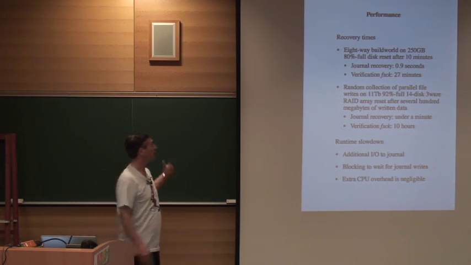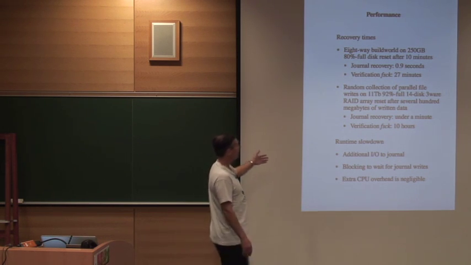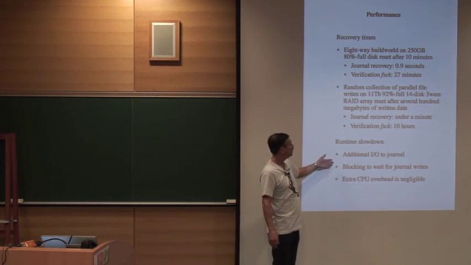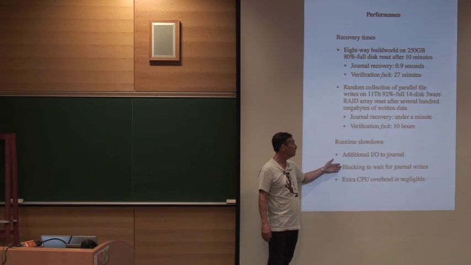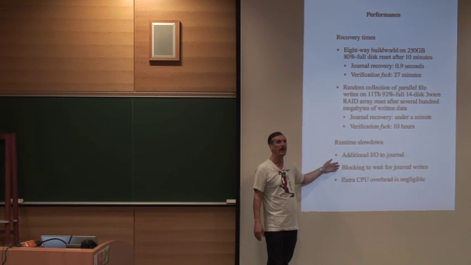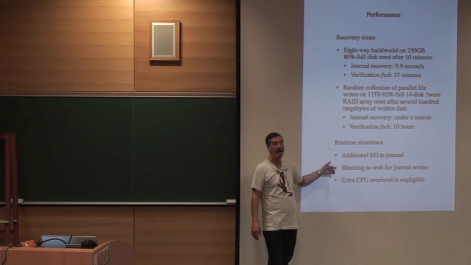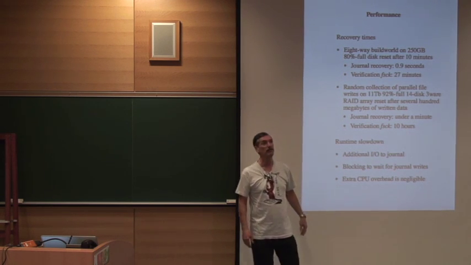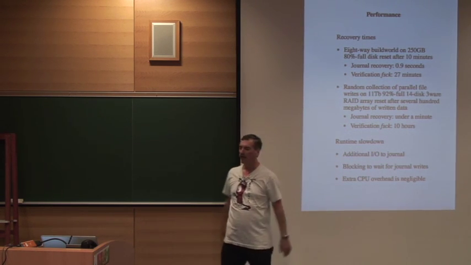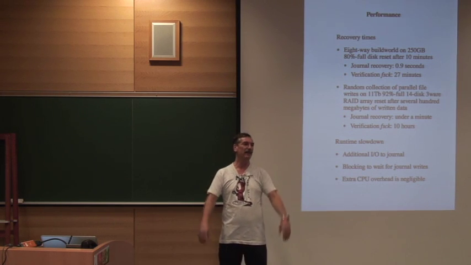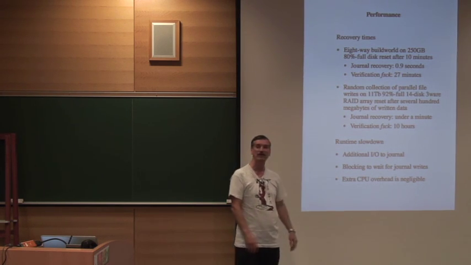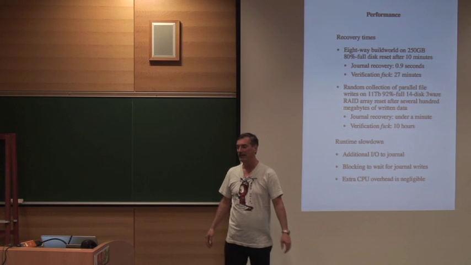The other place that is noticeable is where previously you would be able to proceed, and now you block, because we need to have a journal write before we can let you proceed. Now, in a lot of cases, this doesn't really matter because it's all happening in the background, like when we're removing a file. So the fact that it takes a little extra time for the file remove to happen isn't that big of a deal.